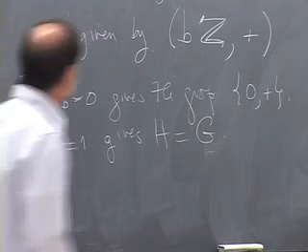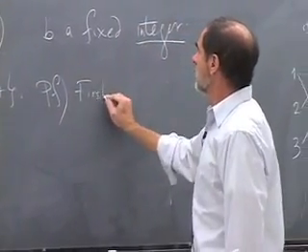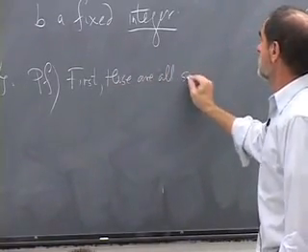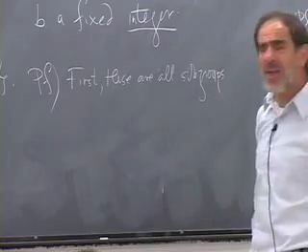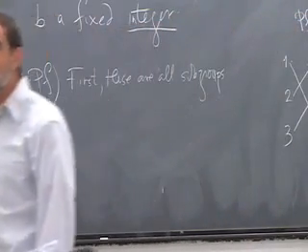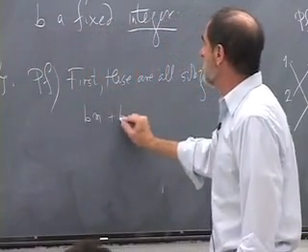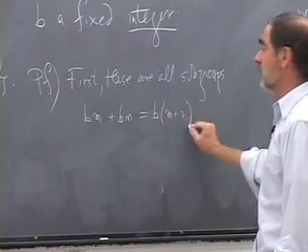Okay, proof. First, these are all subgroups. That's more or less clear. If you add two integers divisible by b, that's just things like this. bm plus bn is equal to b times m plus n. Right?